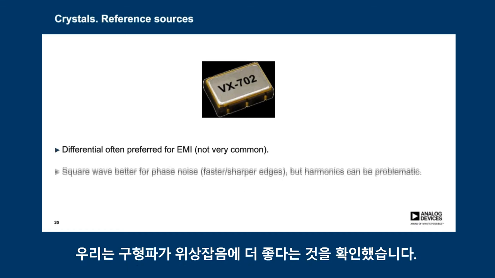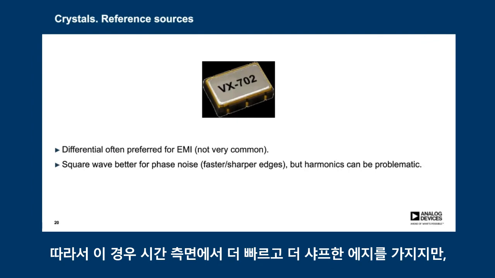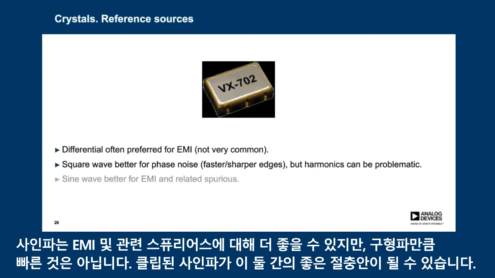We do find then that a square wave can be better for phase noise, in that it has a faster or a sharper edge with respect to time, but a square wave will have more harmonics, and these can be more problematic to filter or remove from an RF system. A sine wave can be better for EMI and related spurious, but it wouldn't have as fast an edge as a square wave. And a clipped sine wave then is a good compromise between the two.